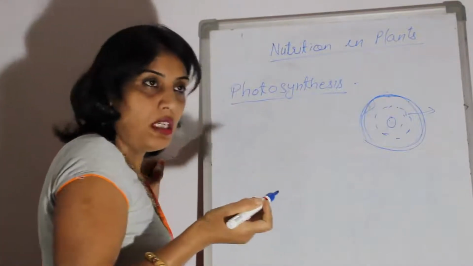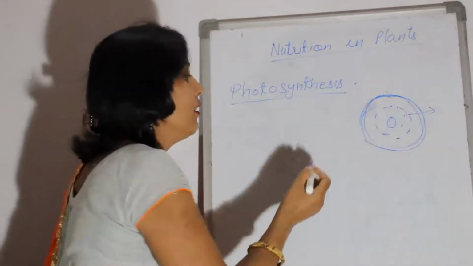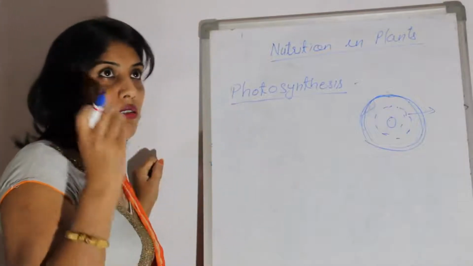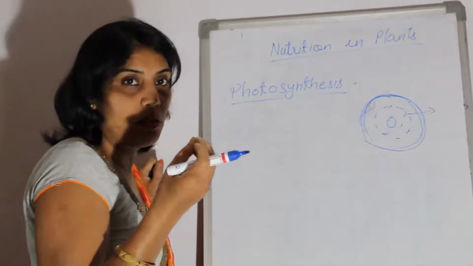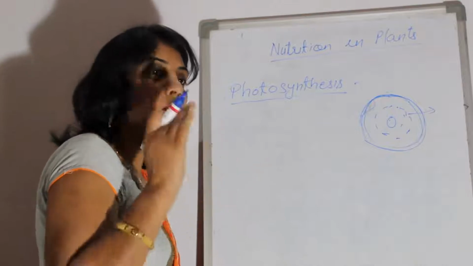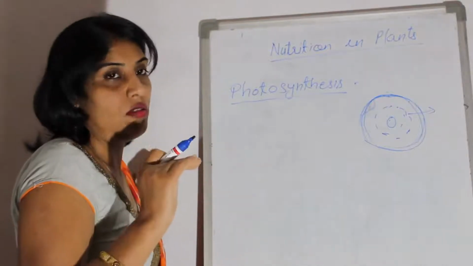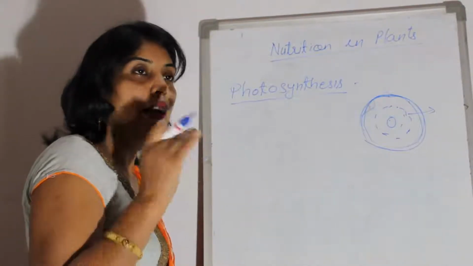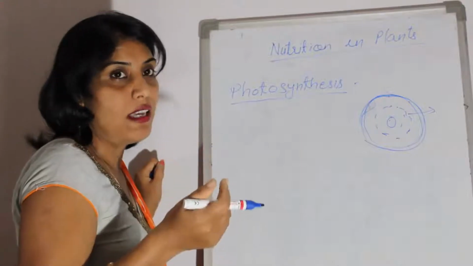In the leaves of the plants also the cells are present, and in between these cells there are some tiny pores which help in the transpiration of water and also the exchange of gases.